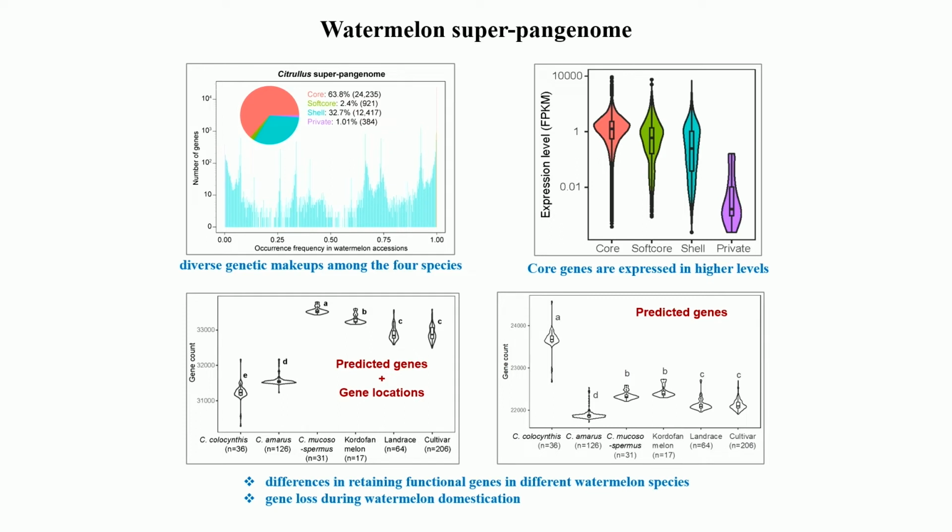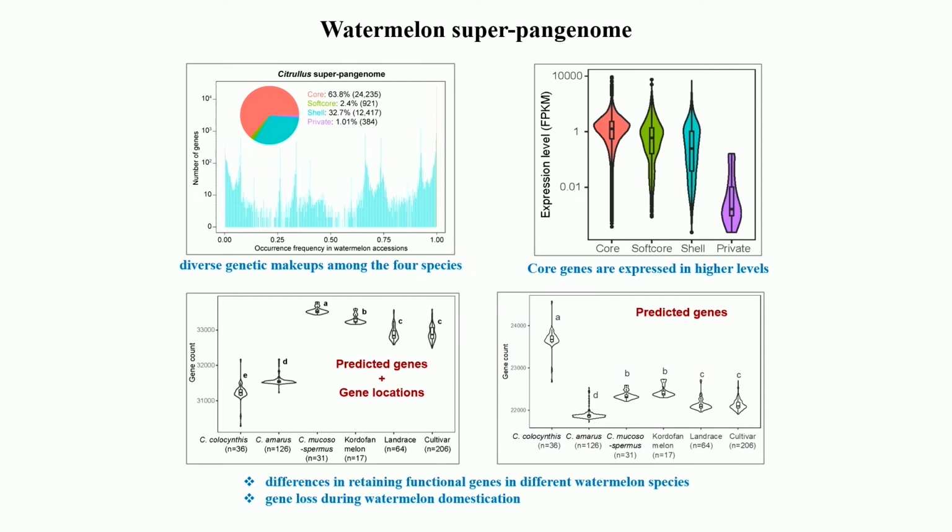And when you check the gene content in each species or each group, we found gene loss during watermelon domestication. From codofan to landrace to cultivar, you can see a decreasing pattern. That's also found in tomato. And when you consider the predicted functional genes, Colocynthis has the highest gene content.